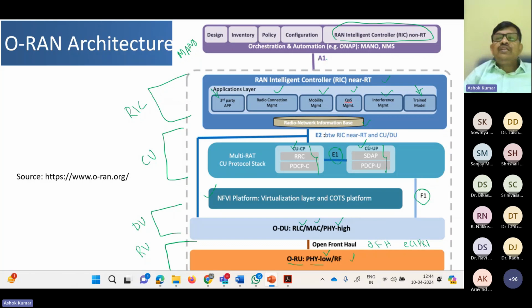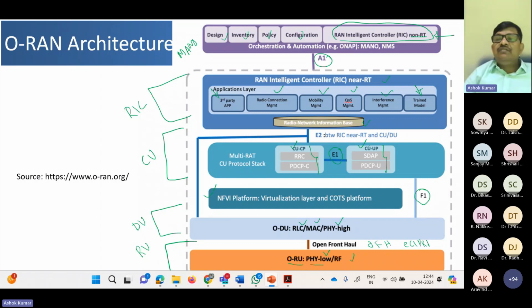From this to MANO, the interface defined is the A1 interface. This is again coming from the ORAN Alliance, which connects to MANO. So your design, inventory, policy, configuration, all these things will be there at the top MANO layer. Along with that, you'll have the RIC part which is non-real-time. So model training can be done here.